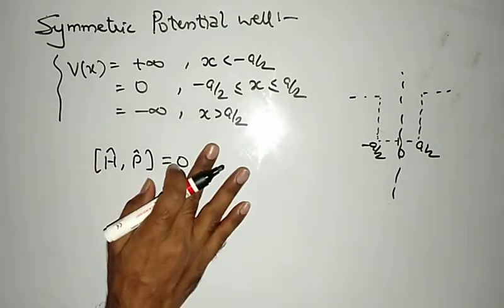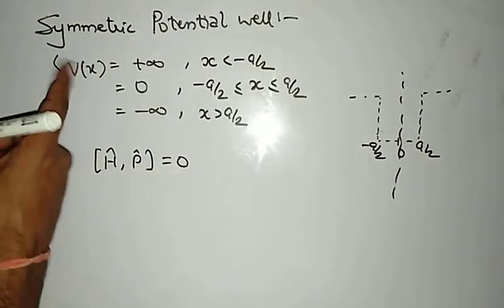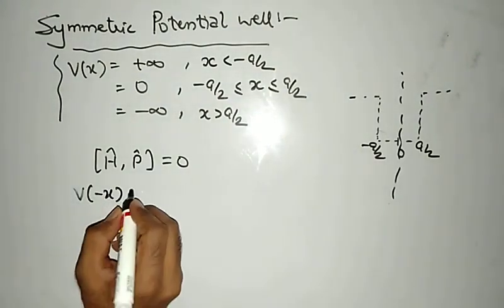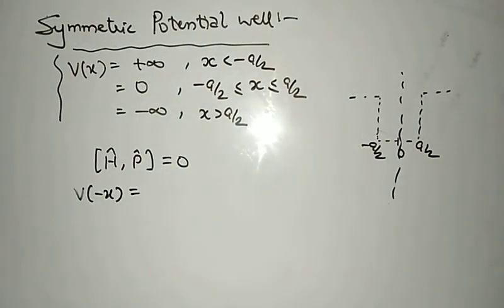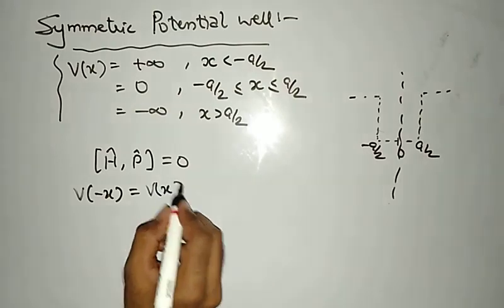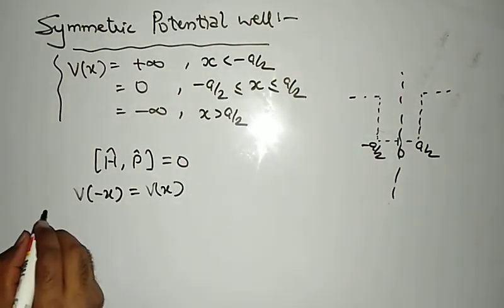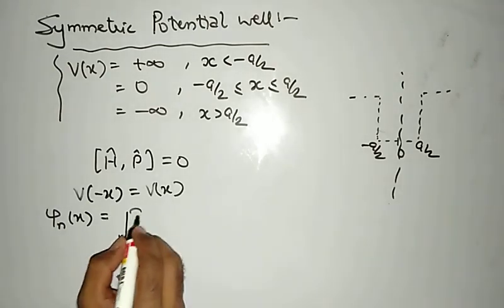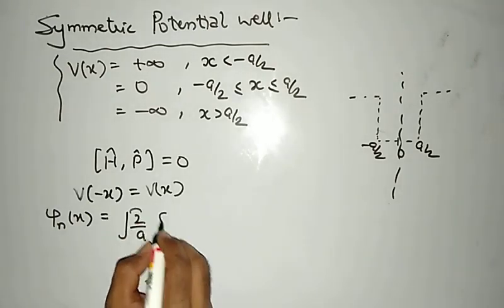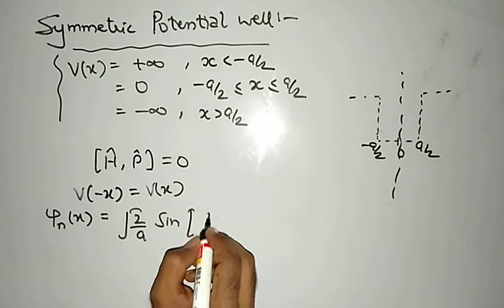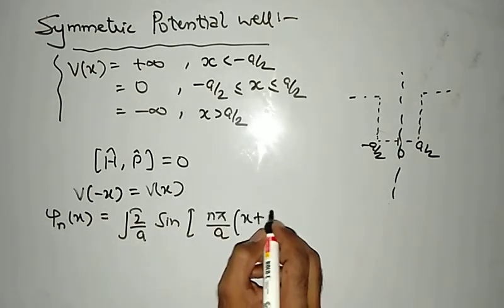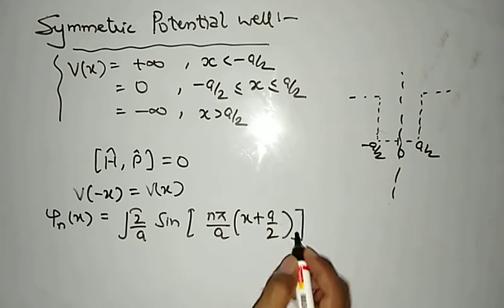And since we are dealing with a symmetric potential well, V of minus x is V of x, and the wave function we can calculate the same way, and we will get under root 2 by a sine n pi by a, with x translated by a by 2.